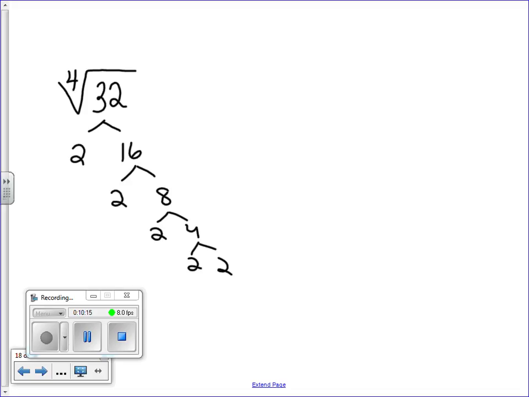Okay, see these four right here? Now, do I get to take 4 2's out? No, it takes 4 of them going in together just to get one little guy out. So I get 1, 2 out.